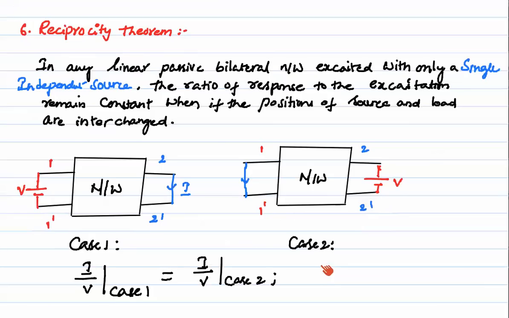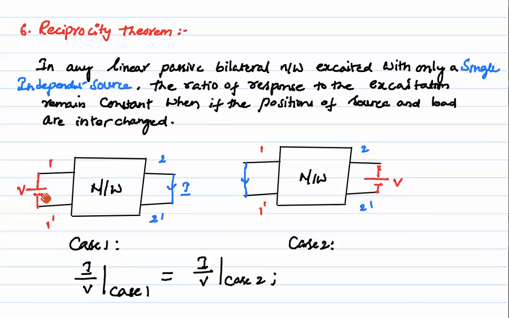We will next move to the next theorem, the reciprocity theorem, which says that in any linear passive bilateral network excited with only a single independent source, not dependent sources, the ratio of response to the excitation remains constant if the positions of the source and the load are interchanged. Suppose we consider a network here.